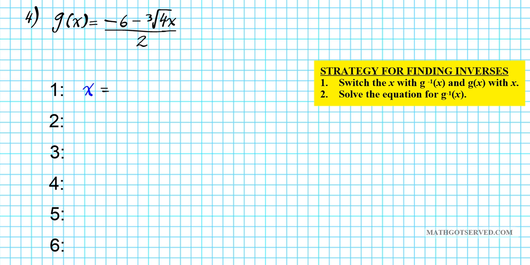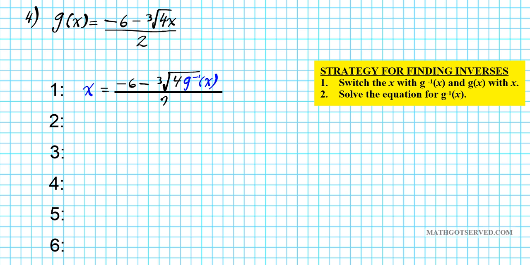Okay, so that equals negative 6 minus the third root of 4 times g inverse of x. Alright? And then this entire expression on the right divided by 2.